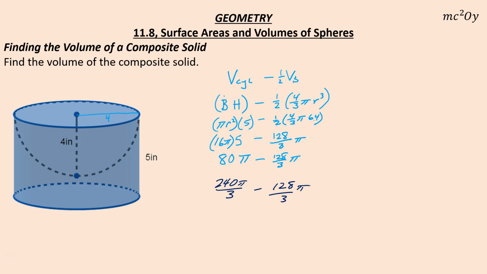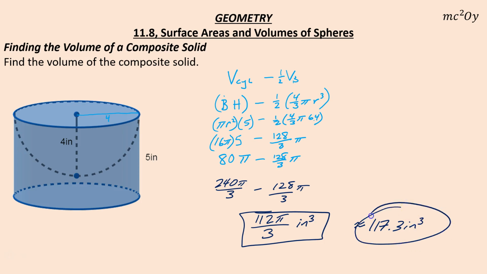So 240 minus 128 is 112. And 112 pi over 3, that's my exact answer. It's in cubic inches. My rounded value would be approximately 117.3 cubic inches.